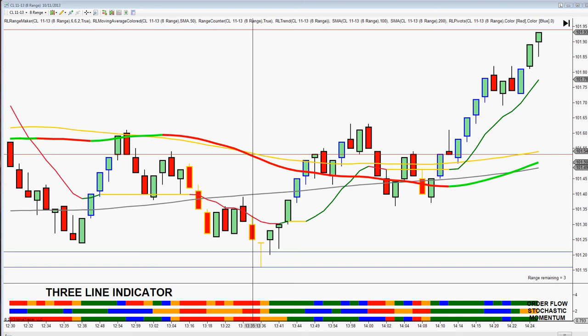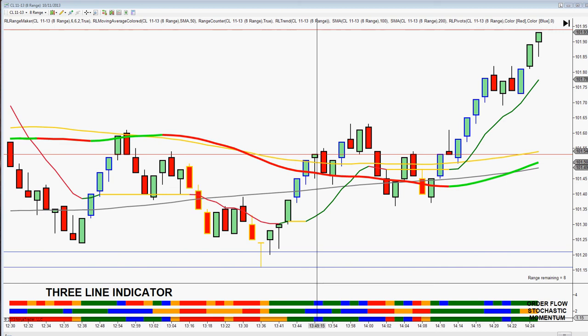And momentum is moving to the downside on all time frames. When the 3-line indicator is green, then on the order flow side, people are executing predominantly buy orders. Stochastic is moving to the upside, and momentum is moving to the upside.